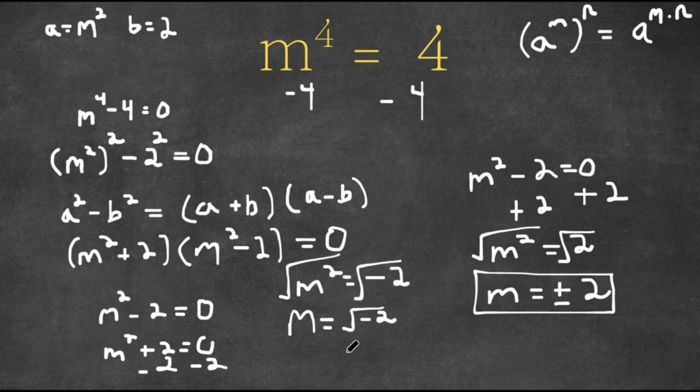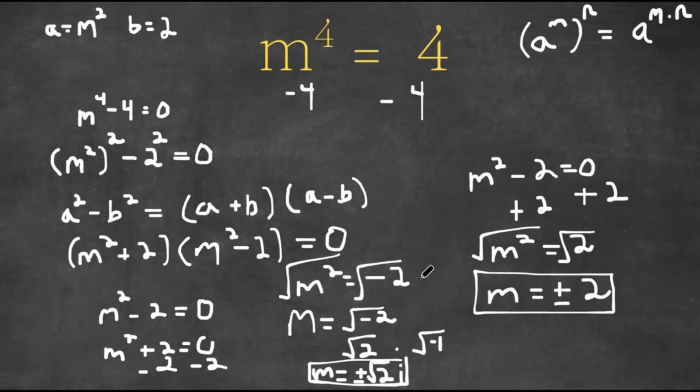Well, the square root of negative 2 is the same thing as the square root of 2 times the square root of negative 1. And the square root of negative 1 is equal to i. So this would be positive or negative square root of 2 i. So m is also equal to this. So these are the 4 solutions to this equation.